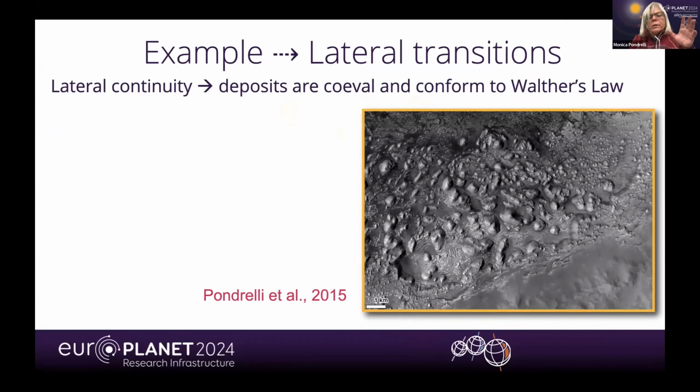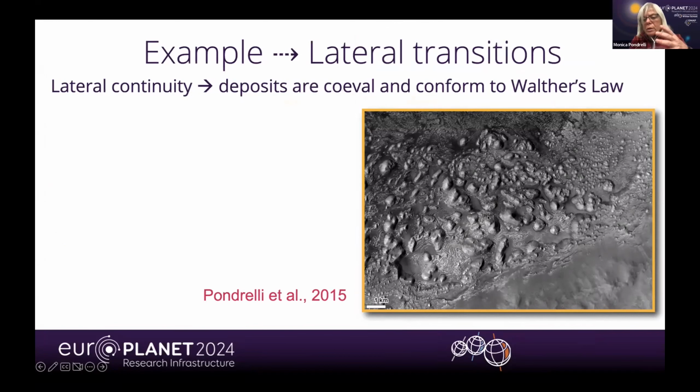Another point which can be important: lateral transition. If we have lateral continuity, if we are so lucky to have lateral continuity, we can say that deposits are coeval. Coeval means, for example, here we have mounds and layers here.